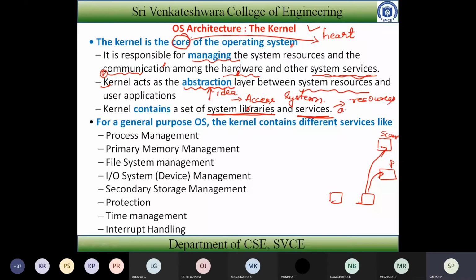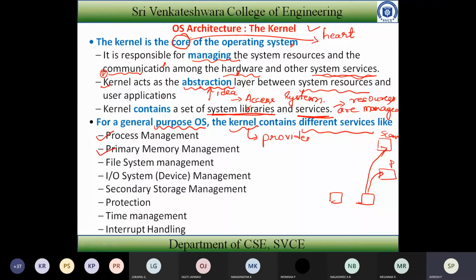Now when you take a general purpose OS, the kernel contains different services. What are the different services your kernel is going to provide? It provides process management. Next, primary memory management.